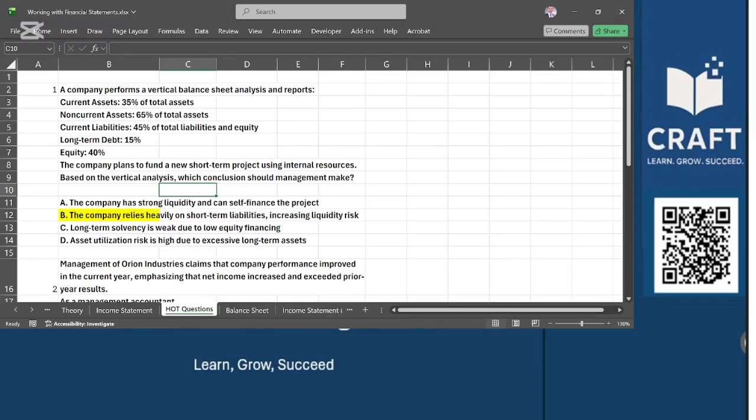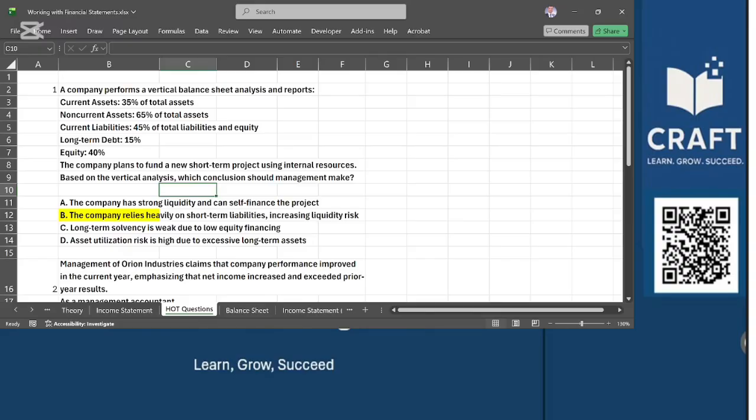Prepare common size income statement and common size balance sheet as part of vertical financial statement analysis, which is also called standardized financial statements. Comparing the performance of a company with the previous year's performance, we can see whether the operating performance or financial position of the company has improved or not.